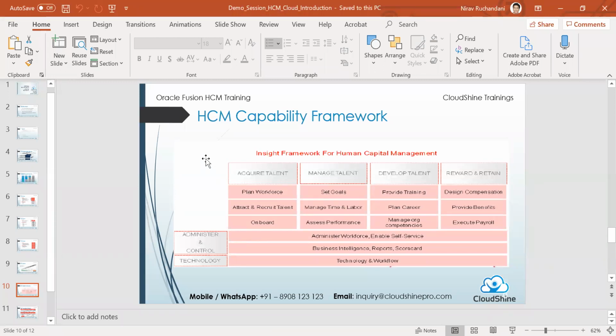So it starts with the preparation for acquiring the talent, which is planning for the workforce. There are modules within Oracle which are responsible for the activities with regards to planning for the workforce, attracting and doing the sourcing of the talent, or posting the positions, etc., on different platforms.